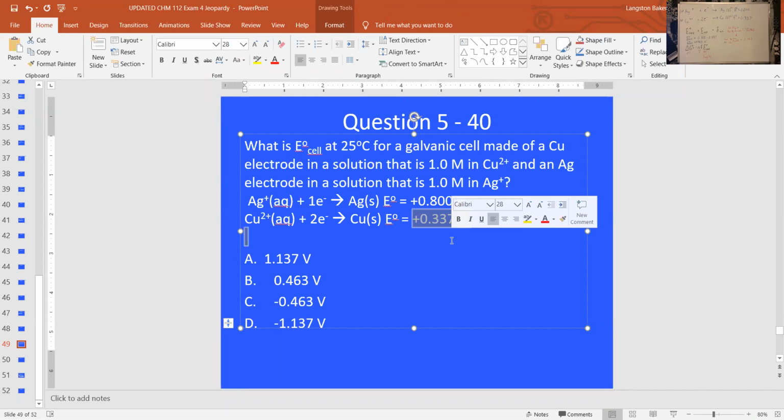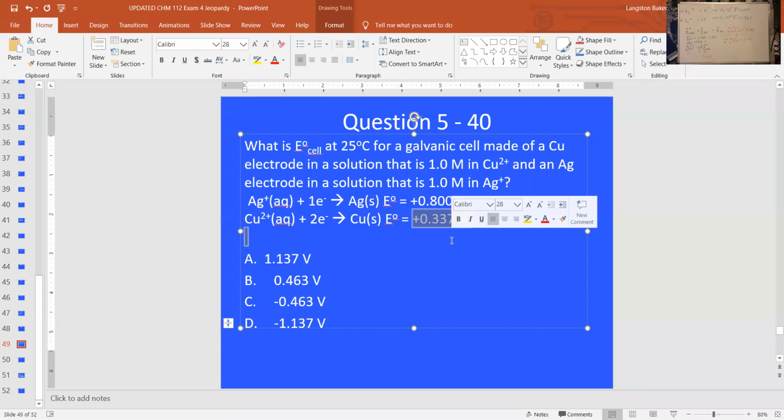So the position on the chart does matter. It's the same reasoning I did here, where one had to be bigger than the other. One has to be higher than the other to be reduced, if that answers your question.